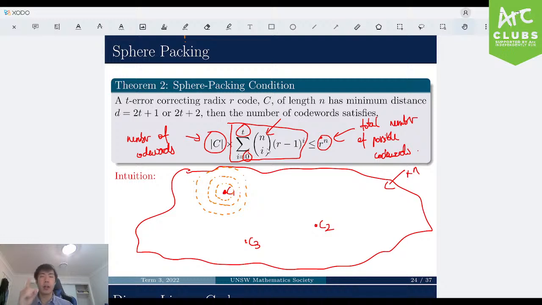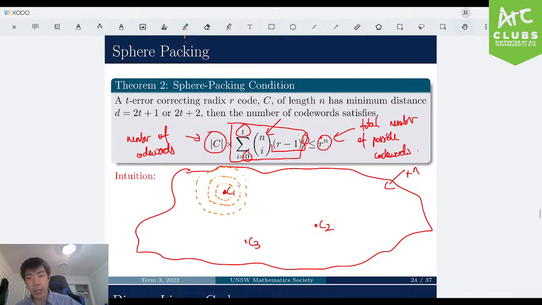So for example, if currently in position 3, your valid code word has the digit 1, it can get corrupted to either 0, 2, 3, 4, 5, all the way to r minus 1. So every number from 0 to r minus 1 except for 1 itself. That's why there are r minus 1 possibilities of what that single digit can be corrupted to, raised to the power of i, because i number of digits are corrupted.